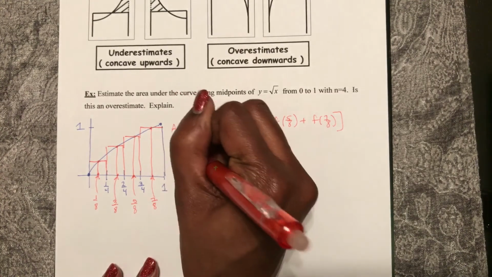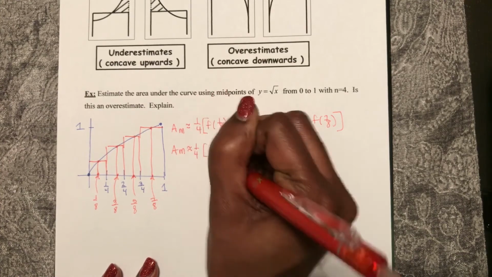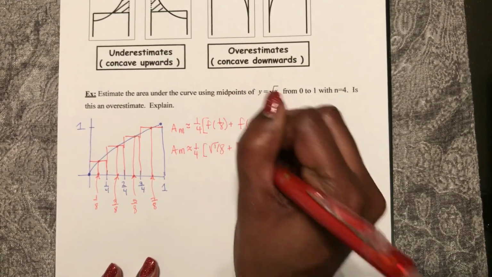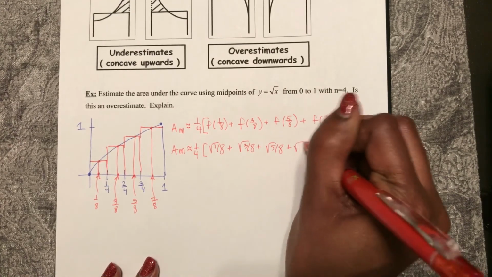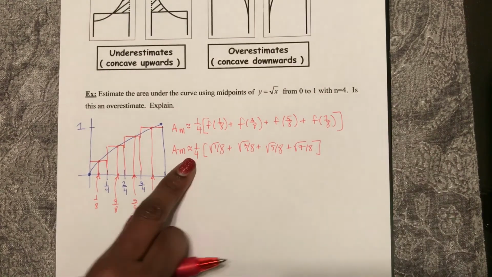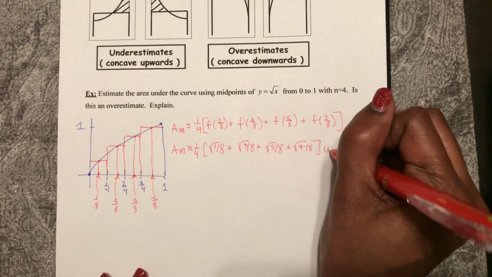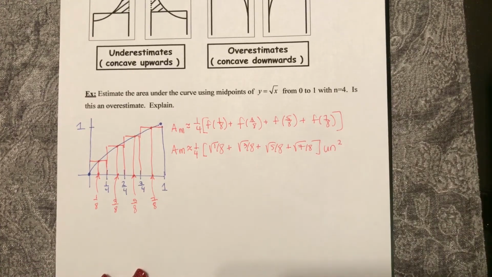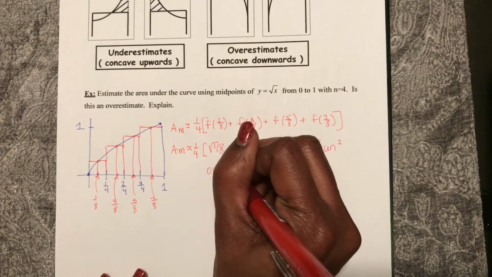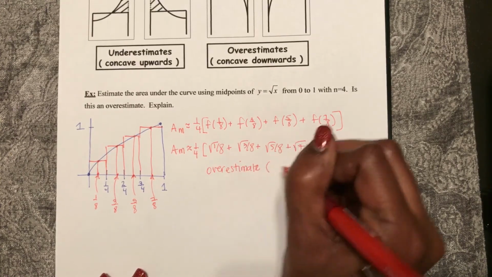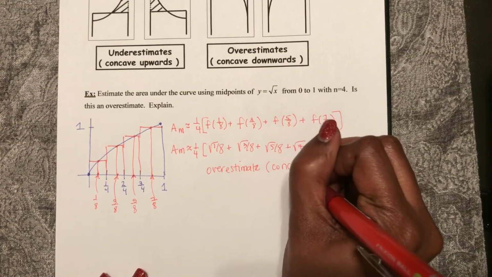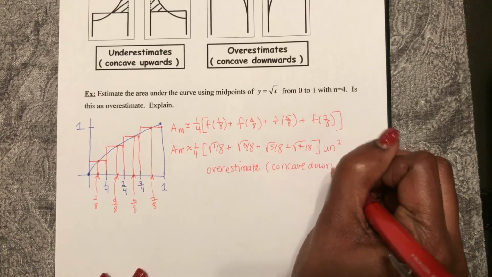So area using midpoints is approximately square root 1/8, square root 3/8, square root 5/8, square root 7/8, all multiplied by 1/4 units squared. And we know that is an overestimate because our curve is concave down.